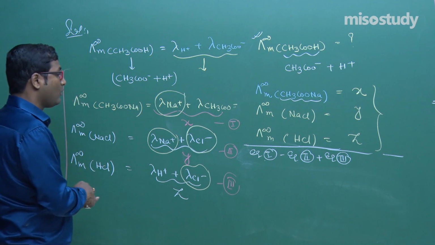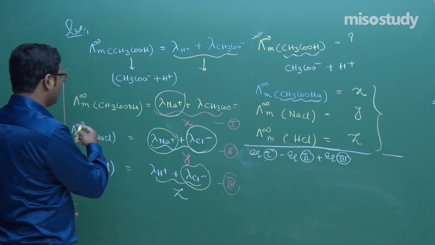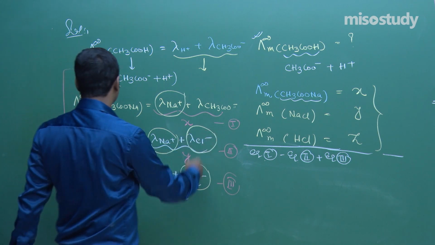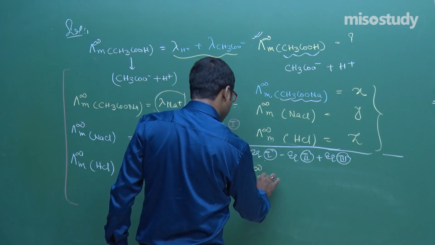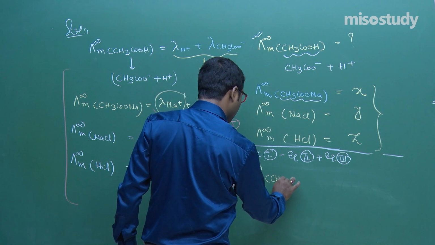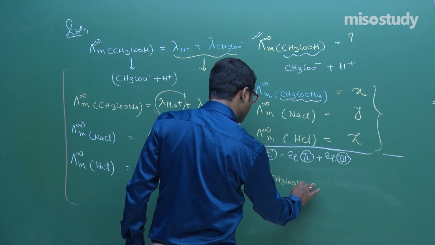Clear, my friend? Now equation 1 minus equation 2. What is equation 1? This one. Now we can write here the molar conductivity of CH3COOH.